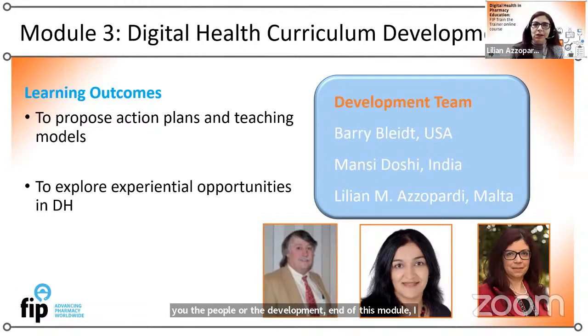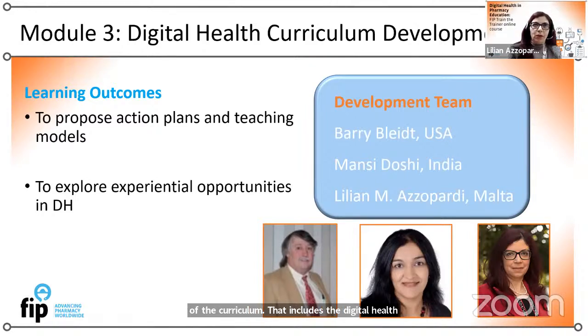We were working together, Professor Barry Blight from the United States, who you've met earlier as the moderator of this whole launch, together with Mansi Doshi, clinical pharmacist and faculty member from India. And together we were working on this Module 3, which has the focus of supporting the development of the curriculum that includes the digital health aspect.